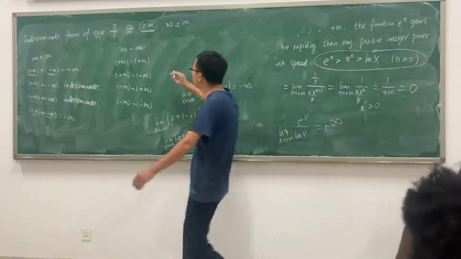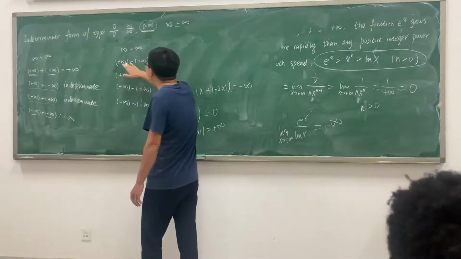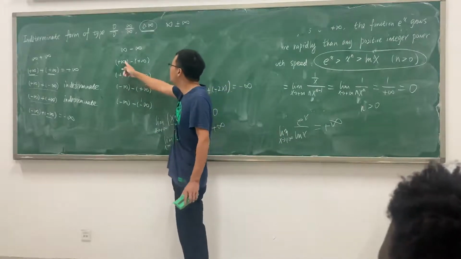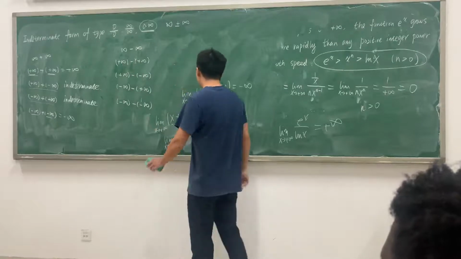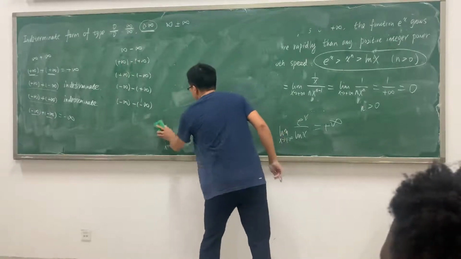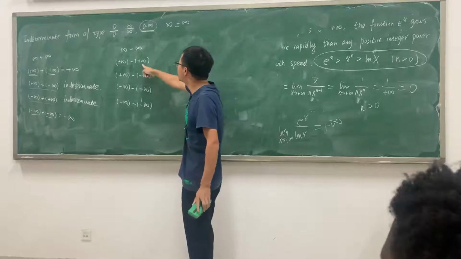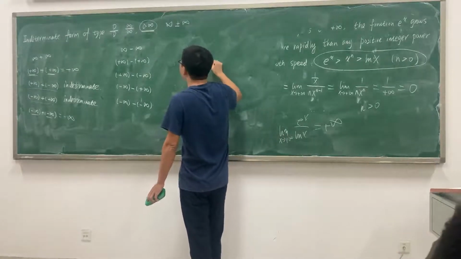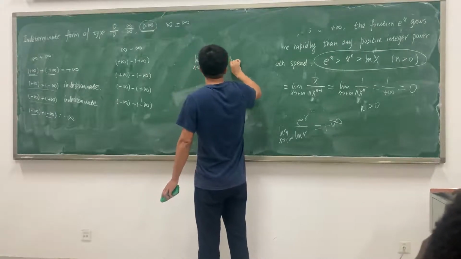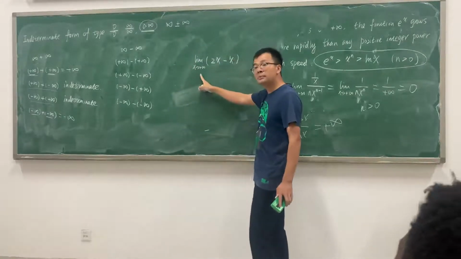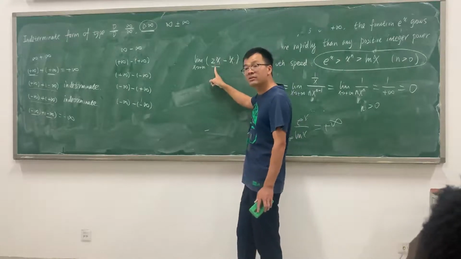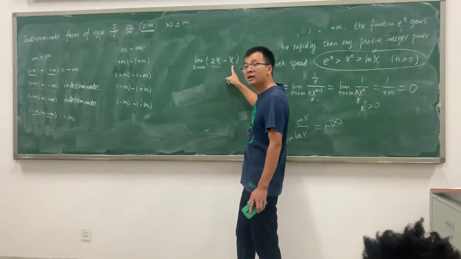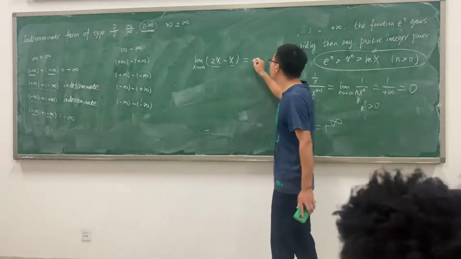Now for plus infinity minus plus infinity. For example, limit as x approaches plus infinity of 2x minus x: this is plus infinity minus plus infinity, and the result is plus infinity.